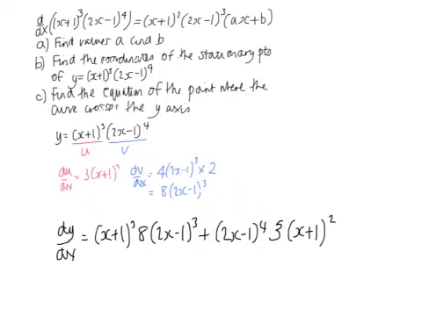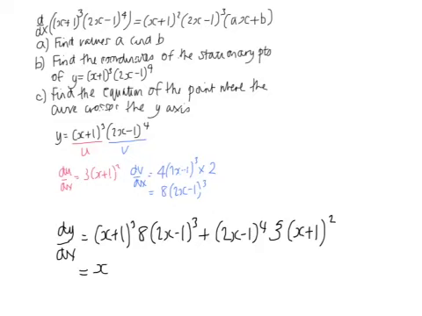Okay, if we look at the question, we know that we're going to have a factor of (x plus 1) squared and (2x minus 1) cubed. And if we look at our two terms, yep, we've got an (x plus 1) squared there and a (2x minus 1) cubed. And we've got (2x minus 1) to the power of 4, so we could take out a (2x minus 1) cubed and an (x plus 1) squared, so it's looking good.